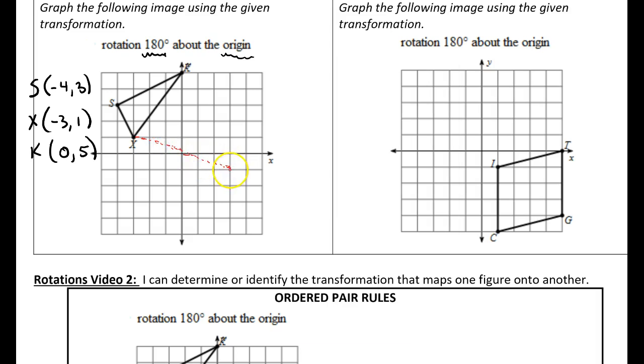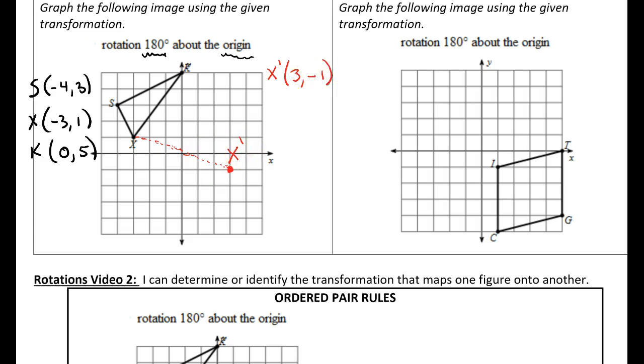Okay, so we're going to end up right over here, and this is going to be X prime. So let's find the coordinates of X prime. So we want 1, 2, 3, and then we went down 1, so that's 3, -1.